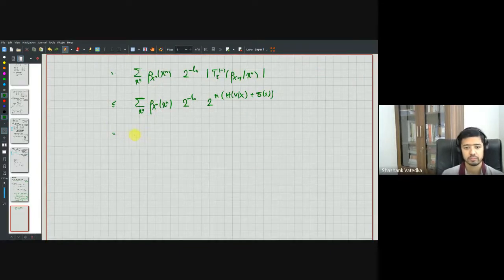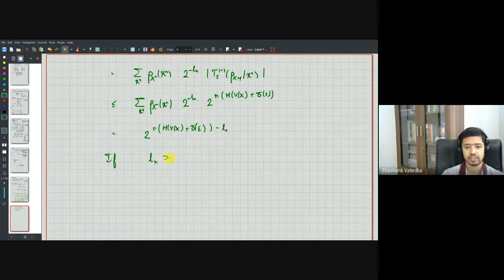Since we're just summing, we can take these two terms outside and sum over all possible xn. So this is equal to 2 to the n times h of y given x plus delta of epsilon, minus ln.